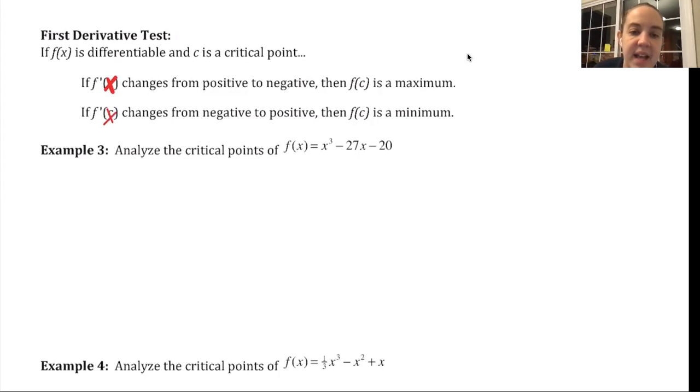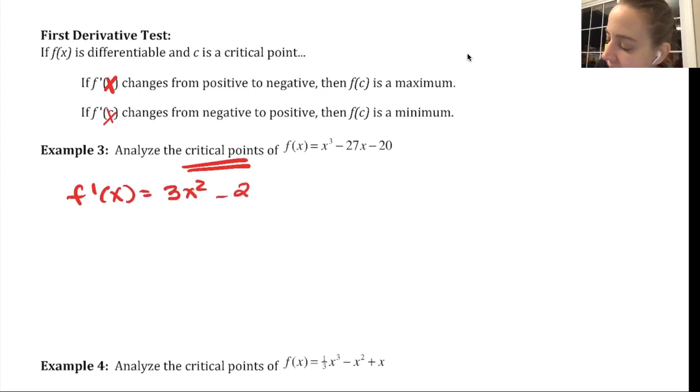So I want to analyze the critical points of f of x equals x cubed minus 27x minus 20. So critical point. If I see critical point, that means first derivative. So the first derivative is 3x squared minus 27. Now, critical point, we set this equal to 0.